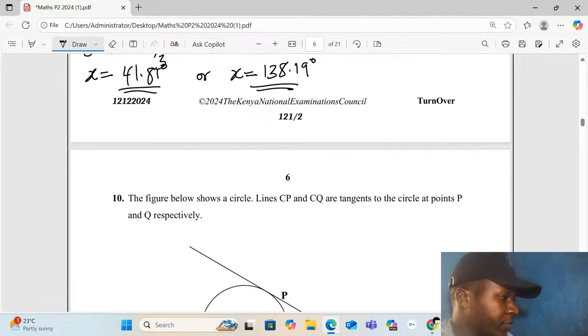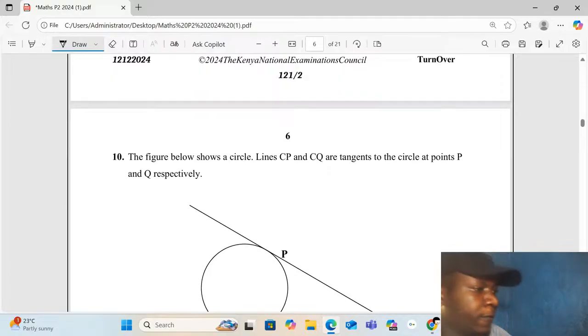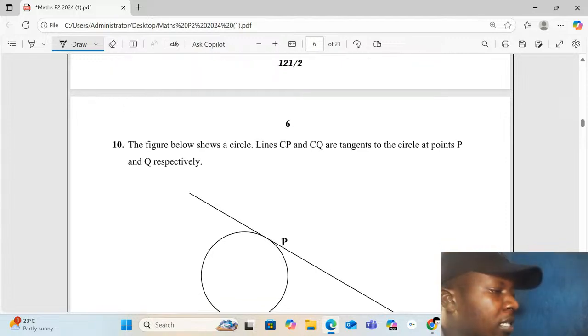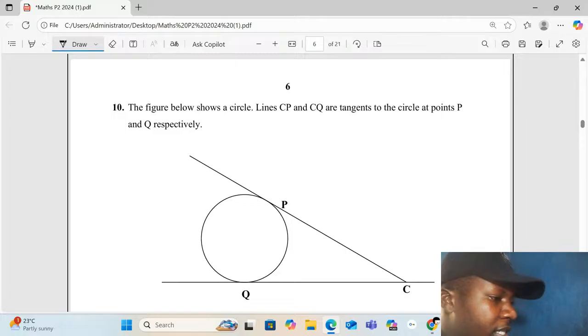Question number 10. The figure below shows a circle. Lines CP and CQ are tangents to the circle at points P and Q, respectively.